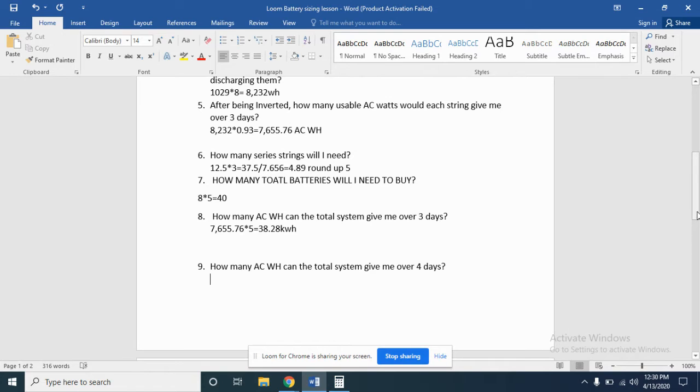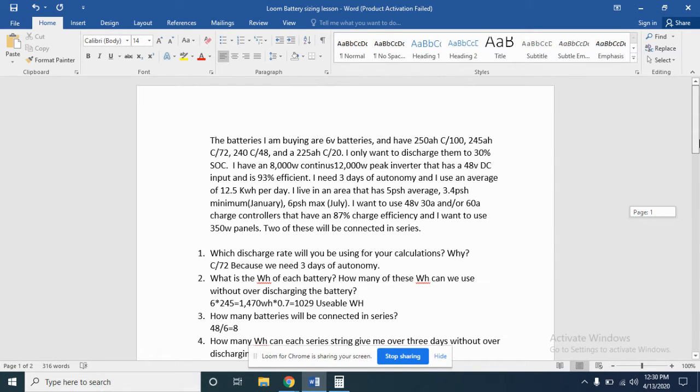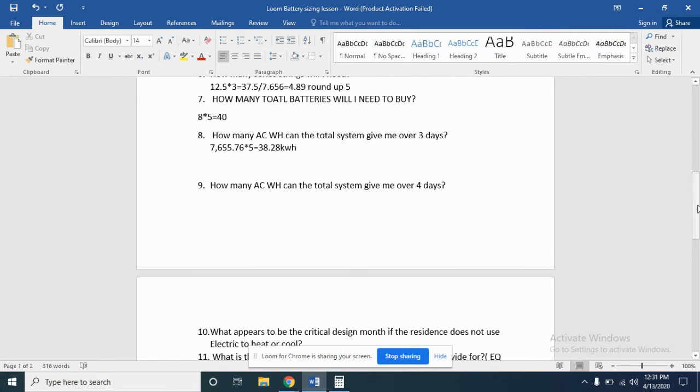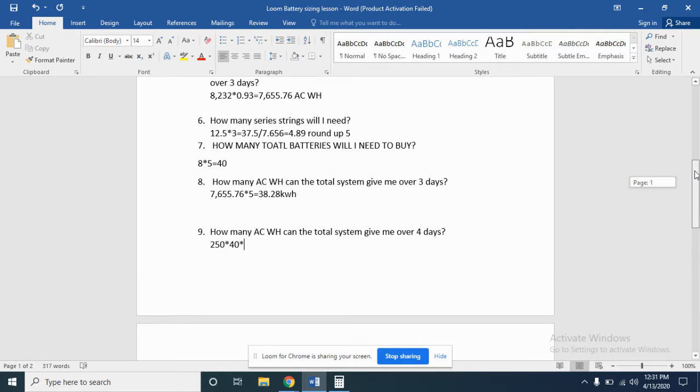Our discharge rate for 3 days was 245 amp hours. Our discharge rate for 4 days would be the C100, so that's 250 amp hours. So we'll come back down here and our math will look like 250 times the number of batteries. Well, I've already figured that I've got 40 batteries. Now the reality is that my inverter is not going to allow me to use all of this power.